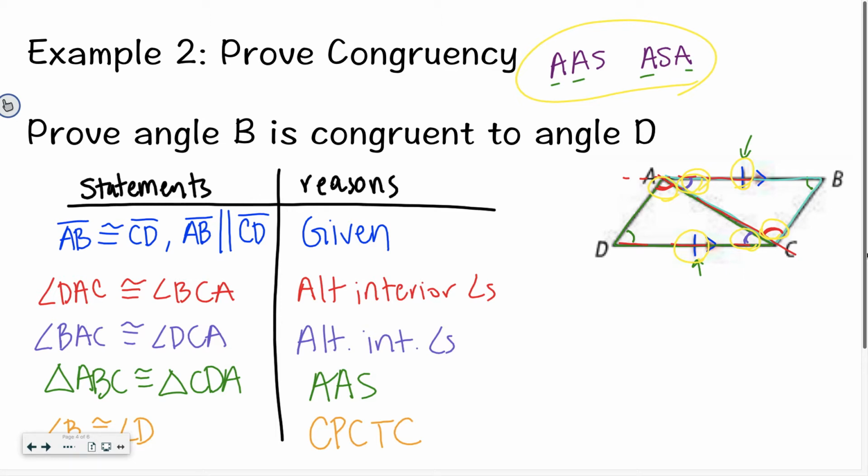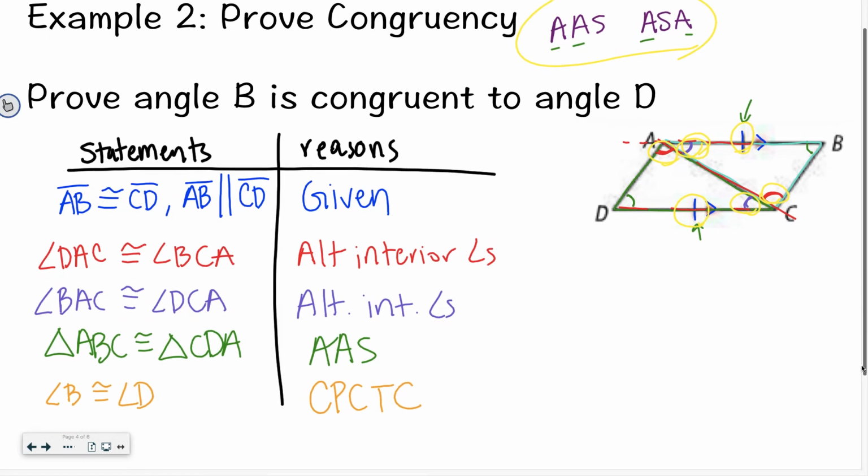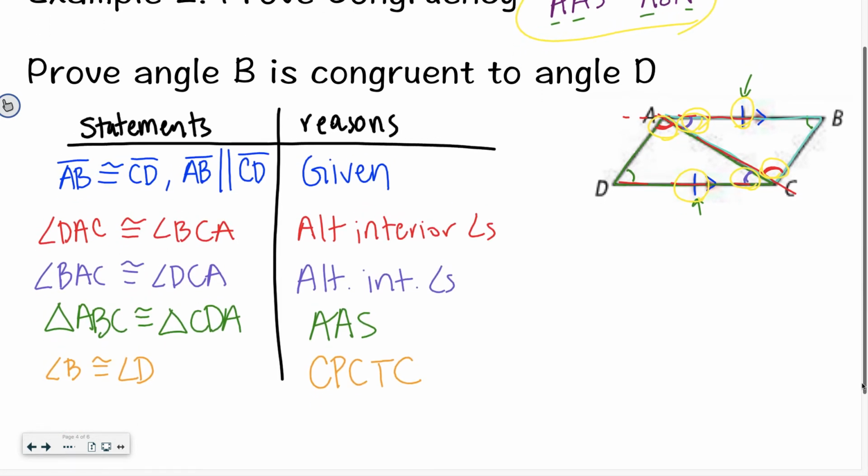You're going to use those first to prove that your figures are congruent, and then you will use CPCTC to say that the corresponding parts are congruent. CPCTC is specific to triangles, but you'll use that to prove that any angle or any side is congruent on the two figures.